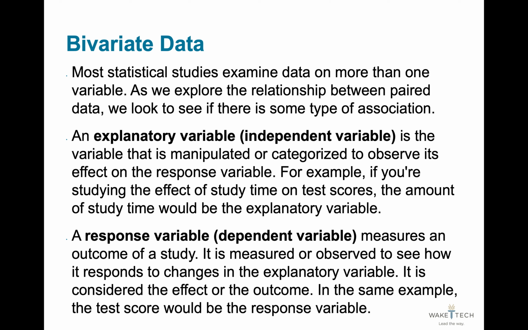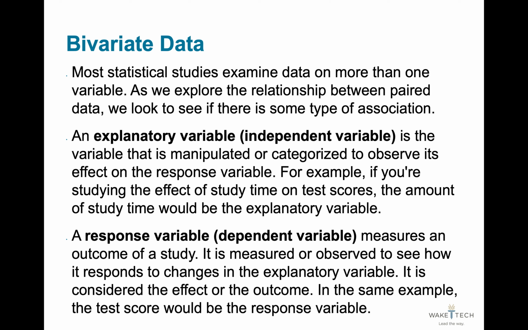When we talk about bivariate data, this is focused on paired data that we want to see, is there some type of relationship or association between? Typically, this is where we have collected data from some type of study or experiment, and we're looking at an explanatory variable and a response variable.